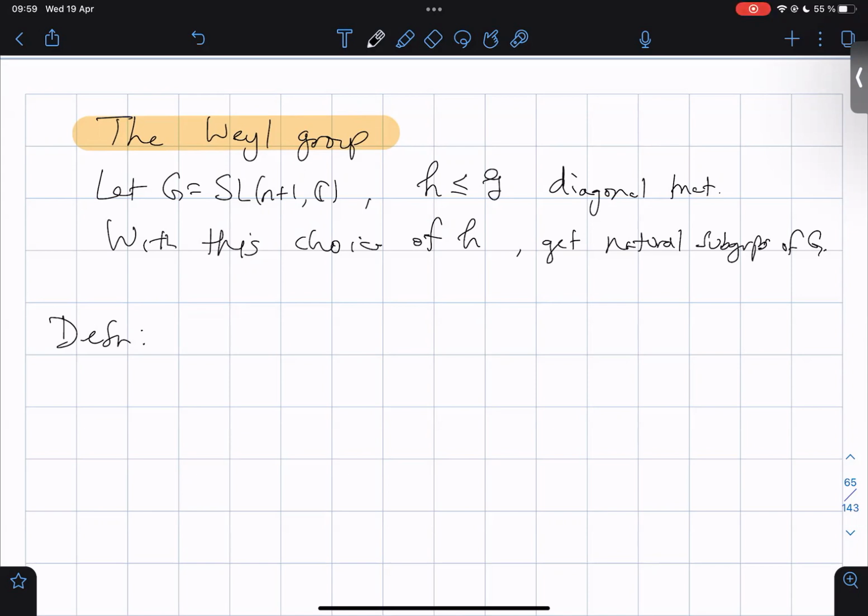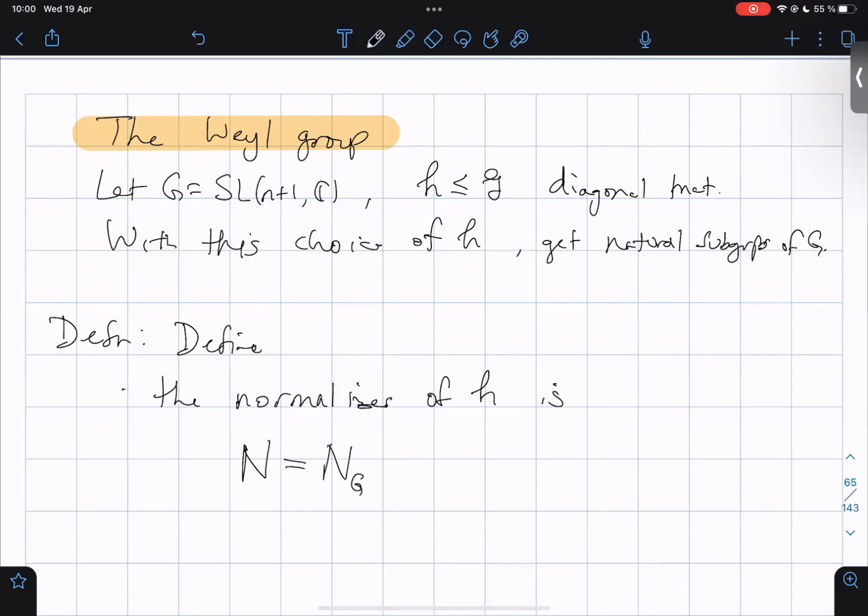That's the normalizer, sometimes written N_G(H).